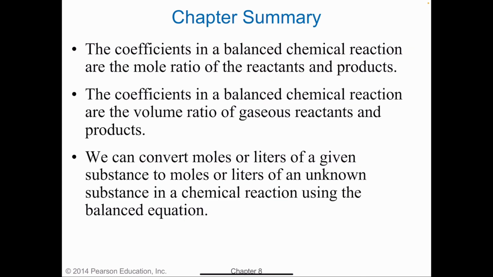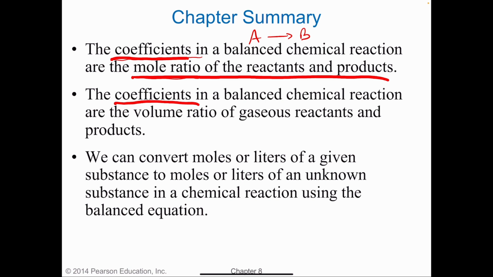So just to summarize everything that we've seen in this chapter, in this video, the coefficients in a chemical equation give us the mole ratio. That is the key if you want to convert from moles of one substance to moles of another. You need to use the coefficients, the large numbers in front of each chemical formula, and that tells you the mole to mole ratio to go from reactants to products, or pretty much any chemical species to another one. The coefficients can also give you the volume ratio.